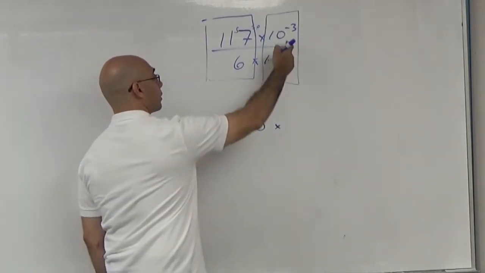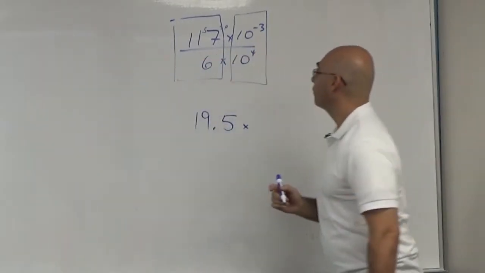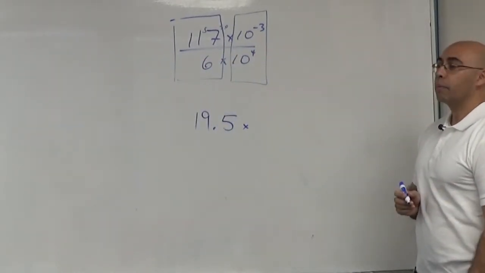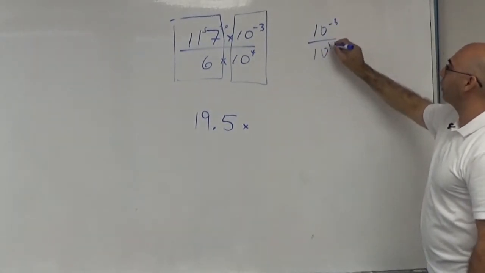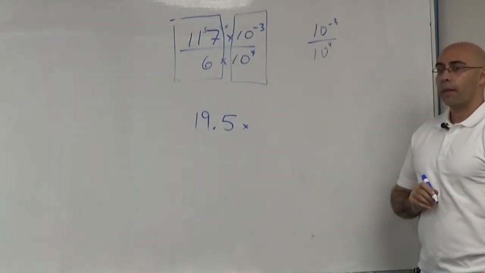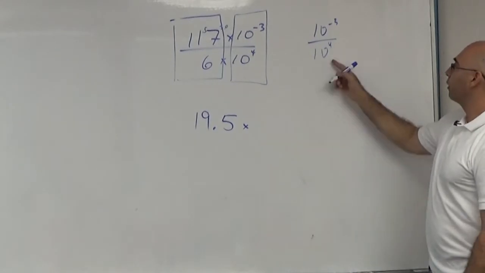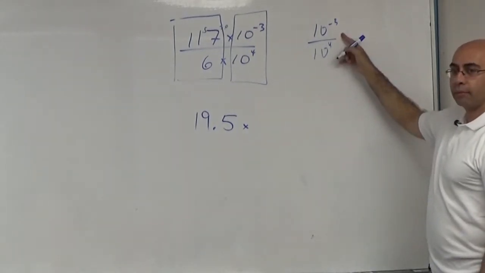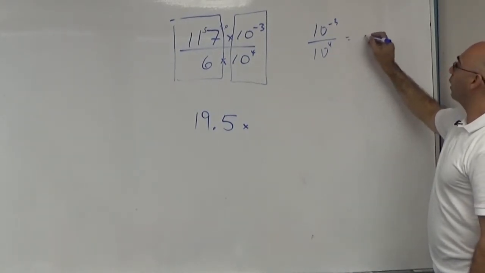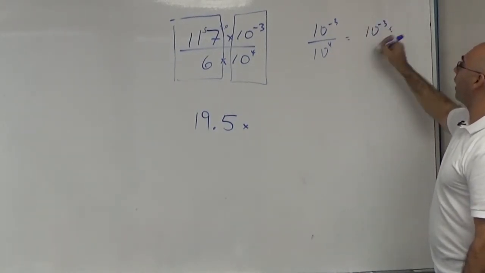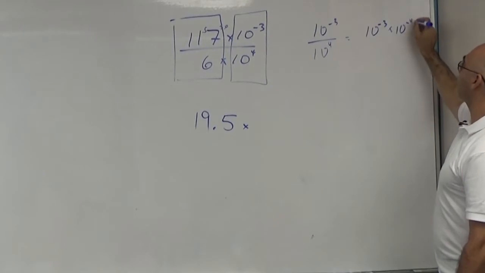Now the tricky part is this right here. Let me rewrite this as 10 to the negative third divided by 10 to the fourth. I want to put my answer up on top, right? So that means I have to flip this. So this becomes 10 to the negative third times 10 to the negative fourth.